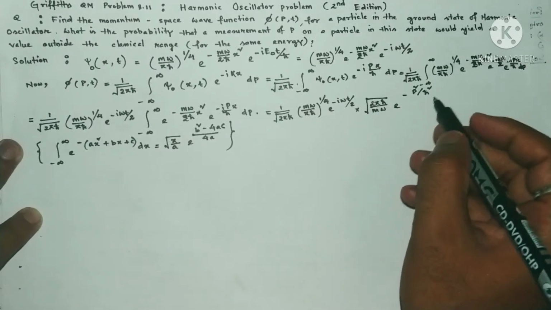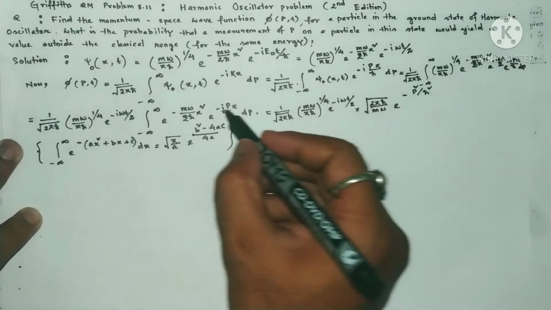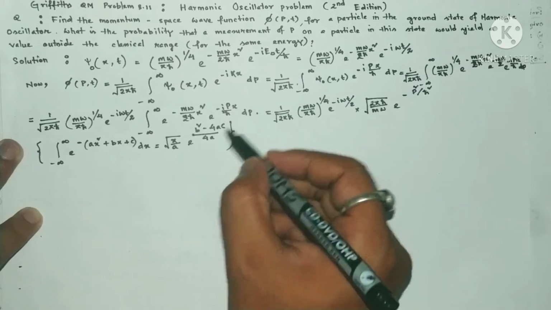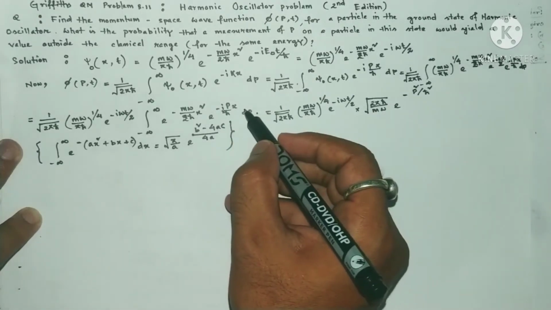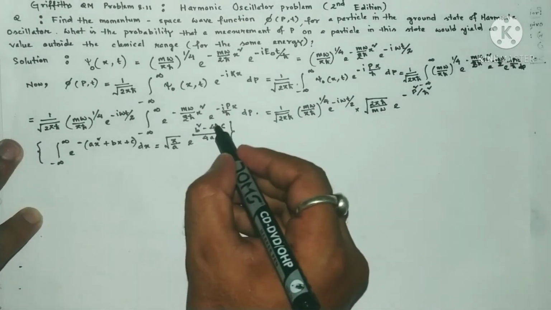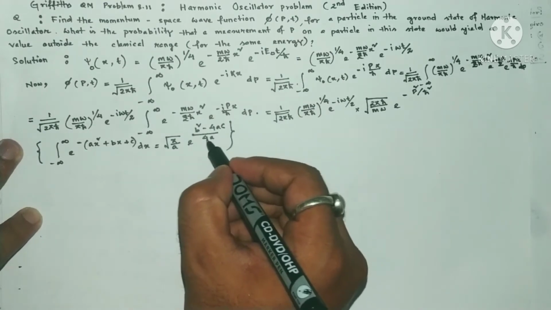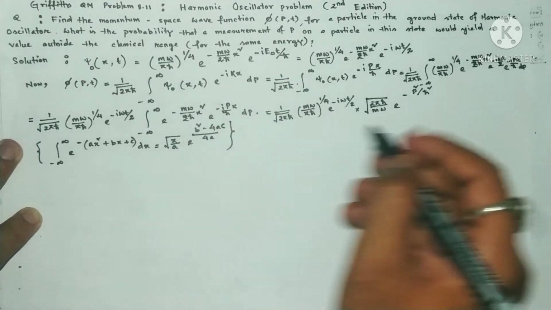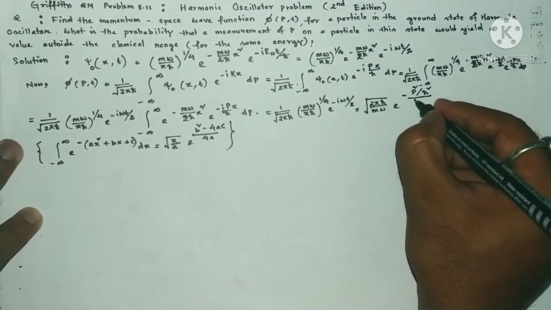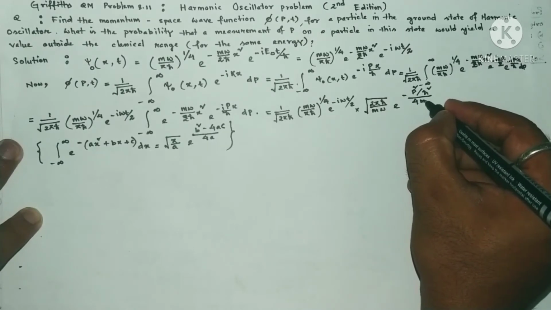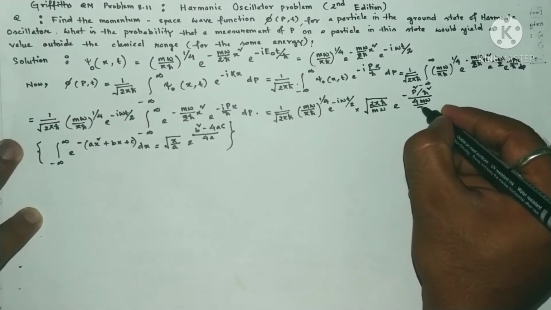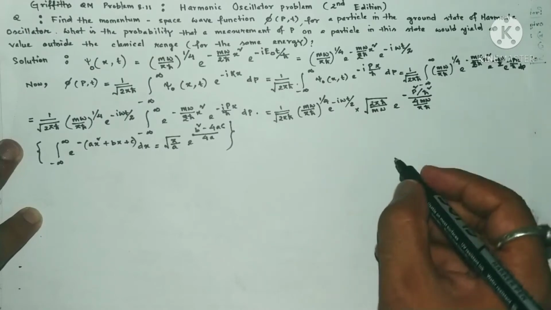Minus 4ac. So here our c is 0, is it? X square x, then we have a constant c, that term is 0, so that entire term is 0, divided by 4 into a, so 4 into this part, 4 into m omega by pi h cross, fine.